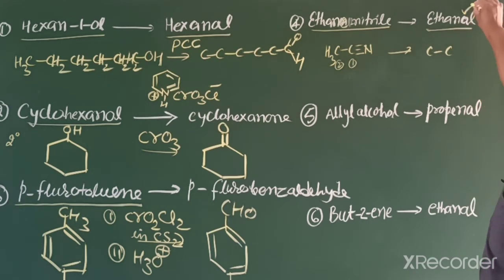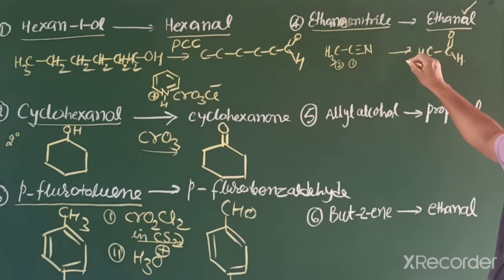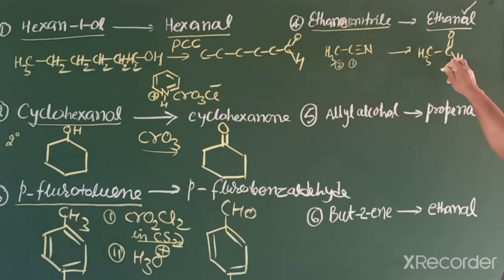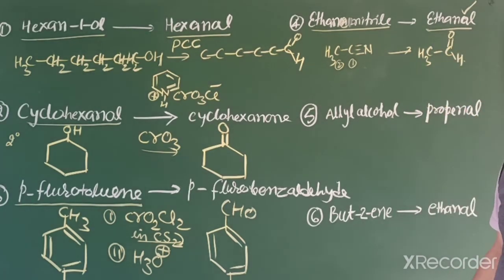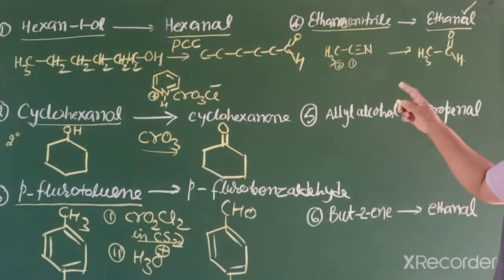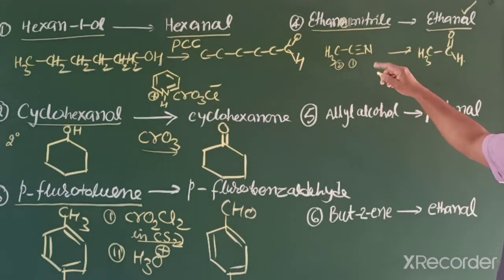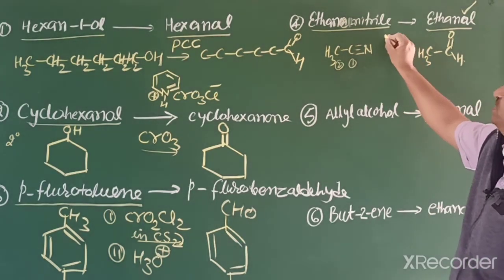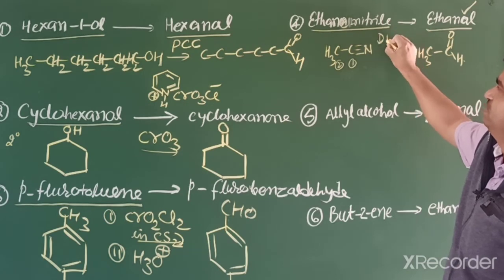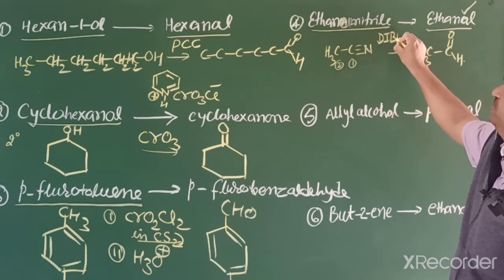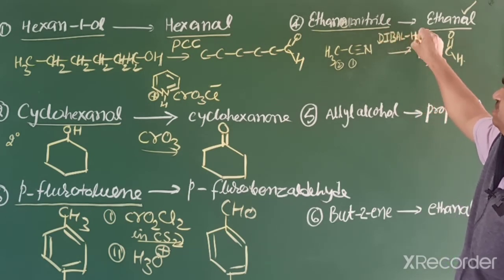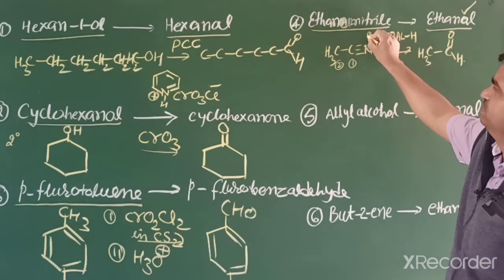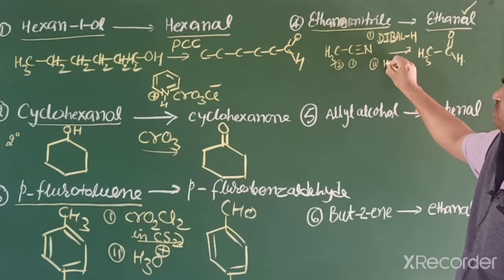and we need ethanal, the aldehyde. So first we convert to aldehyde. So cyanide, how can we convert it into aldehyde? By two different reactions. We can use Stephen reduction, or we can write here diisobutyl aluminium hydride, first step, and second one hydrolysis.